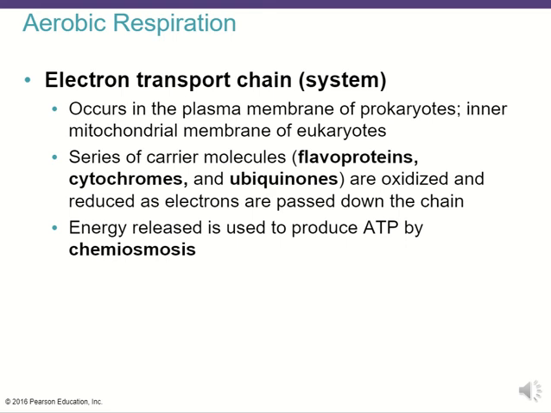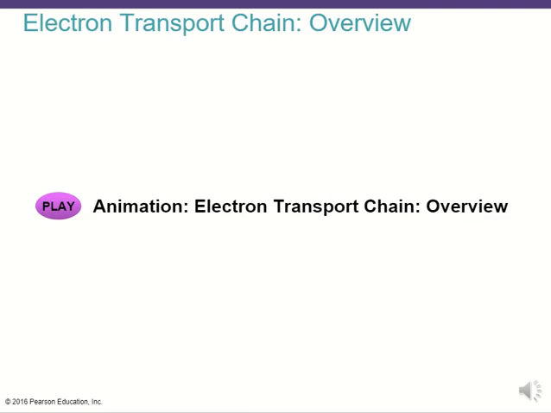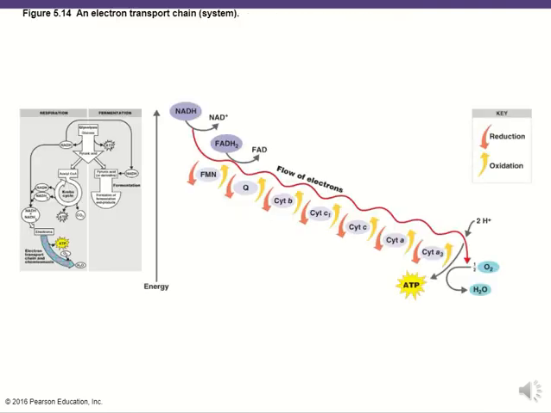It's a series of carrier molecules such as flavoproteins, cytochromes, and ubiquinones, where electrons move from one carrier molecule to the next, and are slowly oxidized and reduced as electrons pass down the chain, and energy is released during this process and is used to produce ATP by chemiosmosis, or the transport of chemicals. A case in point was shown here.